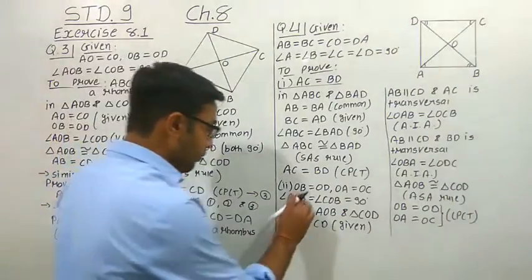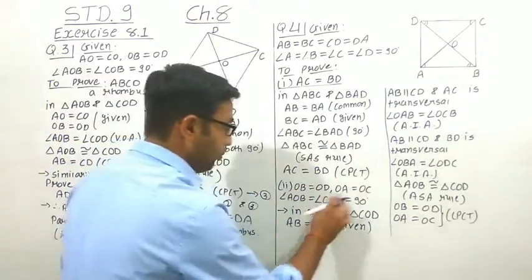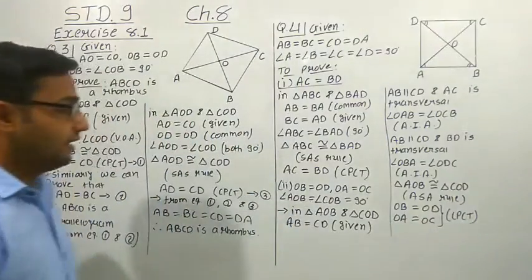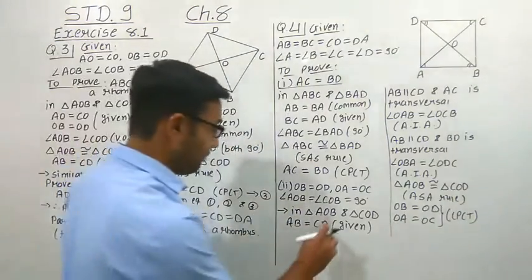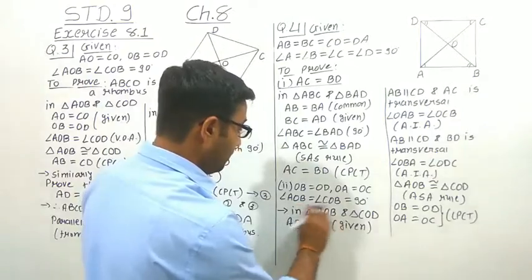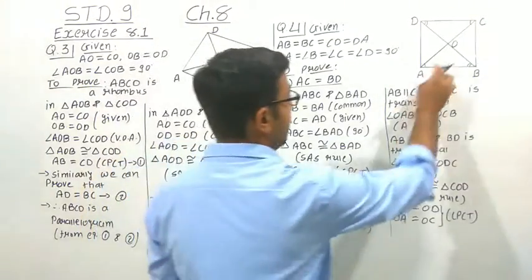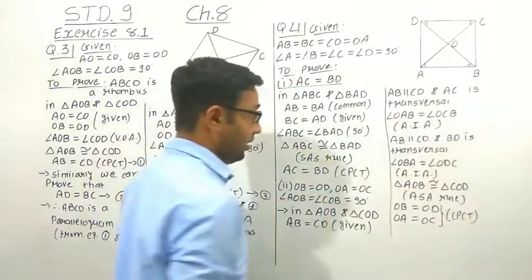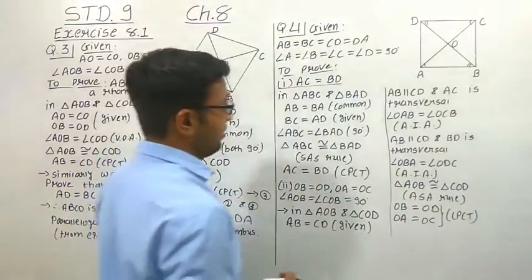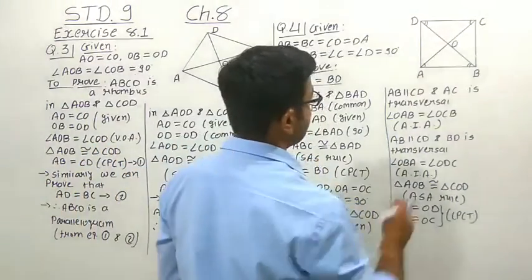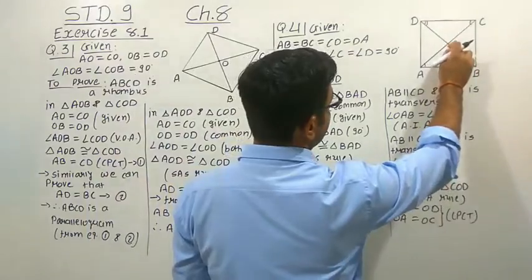So the first thing that we had to prove, that OB is equal to OD and OA is equal to OC, is done. Now the second thing we have to prove here is that the angles AOB and COD are of 90 degrees. One thing we can do is prove that this angle is 90 degrees.